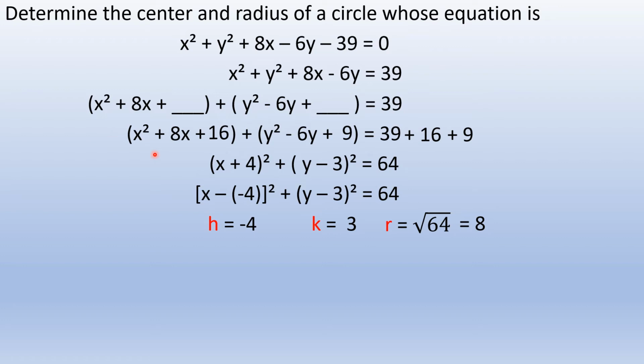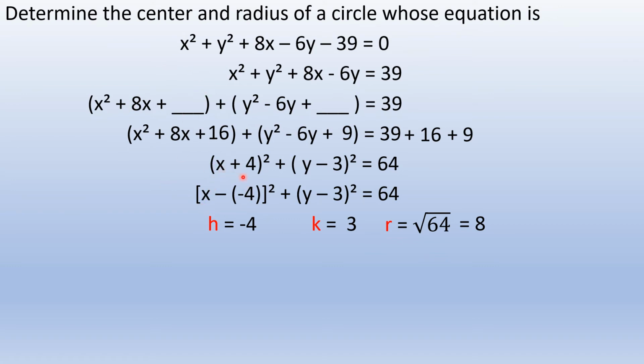factor the resulting perfect square trinomial. Pag finactor mo to, (x plus 4) squared. Ito naman, y squared minus 6y plus 9. Pag finactor mo, that is (y minus 3) squared. Then you add 39 plus 16 plus 9, which equals 64. Therefore, ayusin natin. So, ang standard form ay (x minus h).